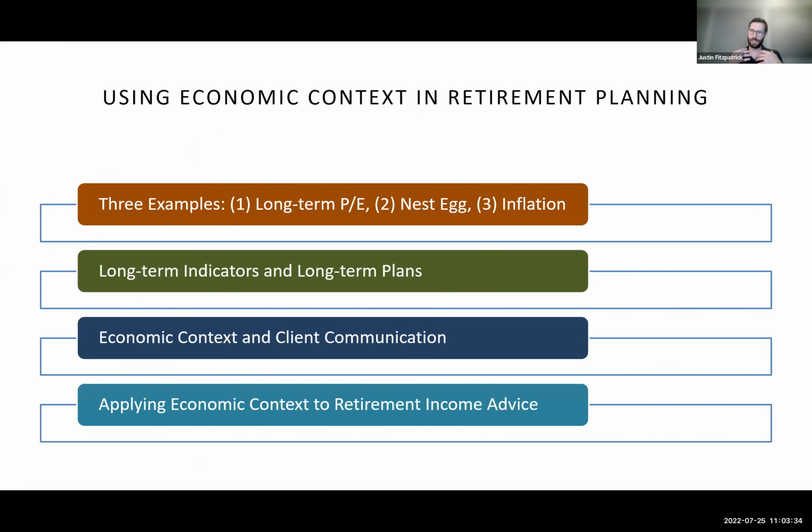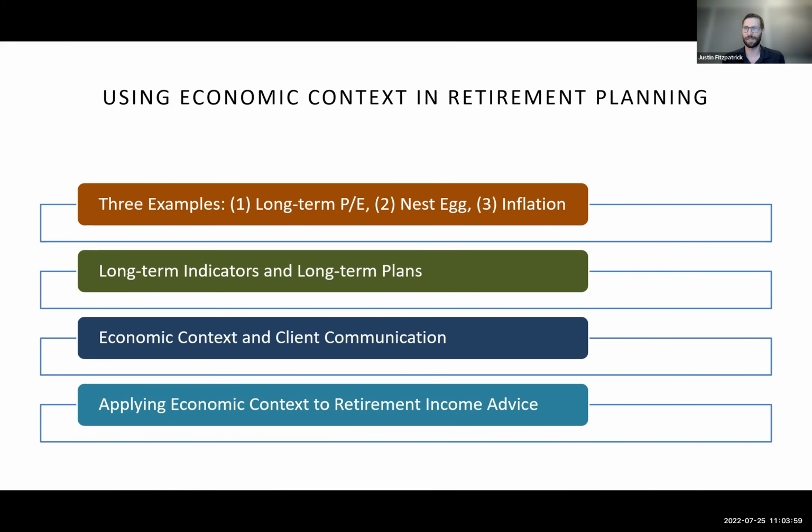The way that we're going to do the presentation here is first we'll go through 3 examples of types of economic data indicators that can help in providing context for retirement planning. I would think of these as families of indicators, and also that these are not the only ones that might be helpful.